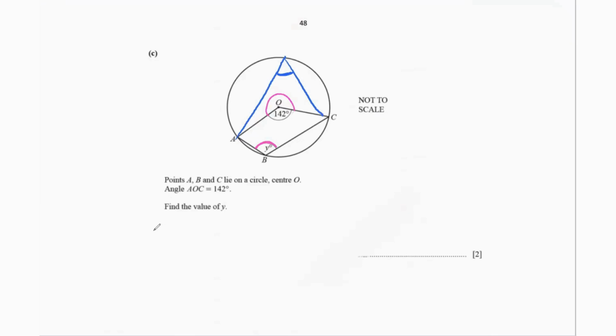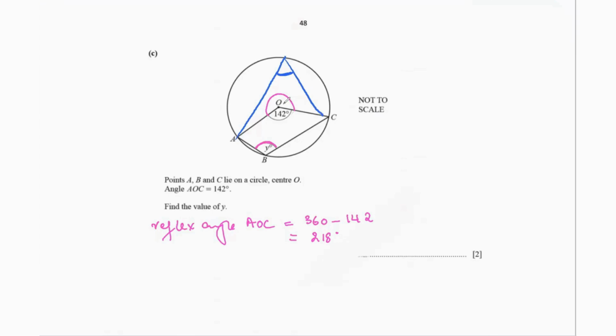So first we'll find reflex angle AOC: 360 minus 142, which is going to be 218.